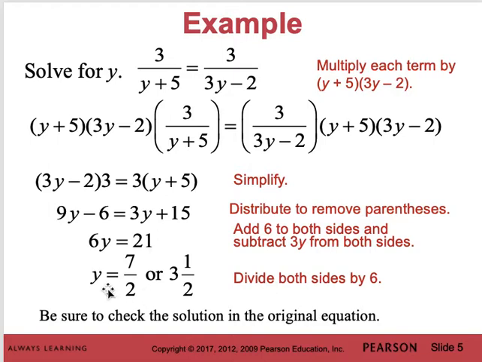So we can say if we replace y with 7 over 2, we would replace that here, and we would check if 3 divided by 7 over 2 plus 5 is the same as 3 over 3 times 7 over 2 minus 2. If it did work, we would say yes, that's true, and if it doesn't, we would say no, that's not true.